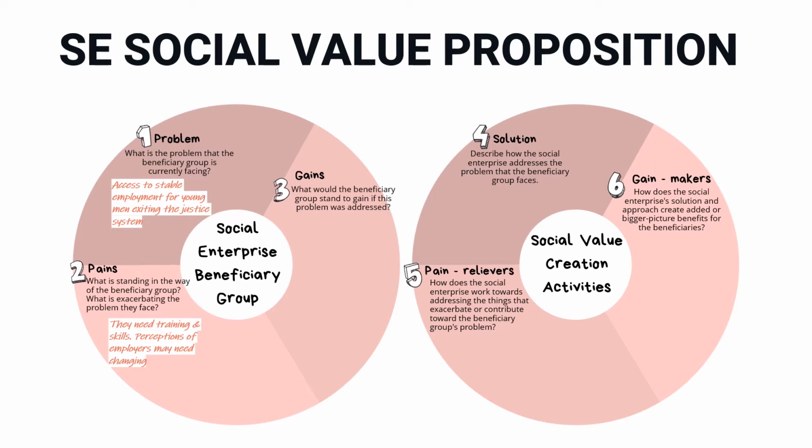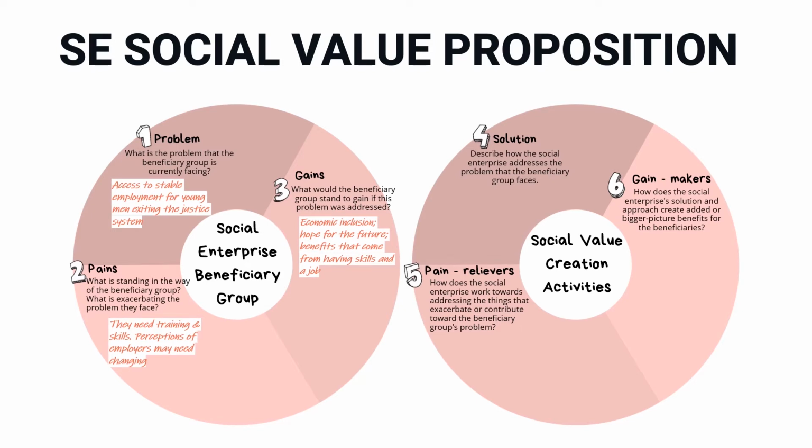And then we look at what the beneficiary group stand to gain if this problem was addressed. In our example, they stand to gain economic inclusion, hope for the future, and a myriad of benefits that come with having employable skills and a job. Now, let's turn our mind to the social enterprise's proposed solution, the way it plans to create social value by addressing this problem.